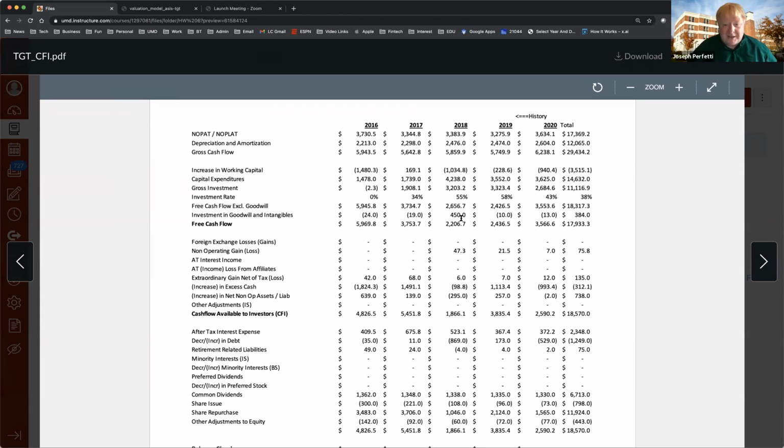price premium. If you look at the investment rate, which averaged 38%, generally the investment rate went from net zero, because remember the CapEx is being balanced out by the negative working capital, 34 to 55 to 58 to 43. Okay, so really, if you take out increases of working capital, then CapEx went from about 1.5 billion to 1.7 billion to 4.2 to 3.5 to 3.6.